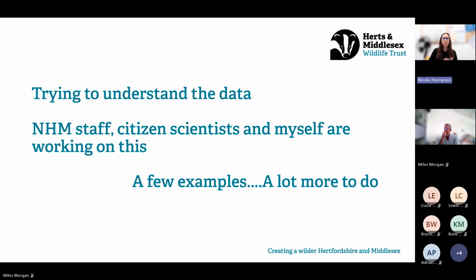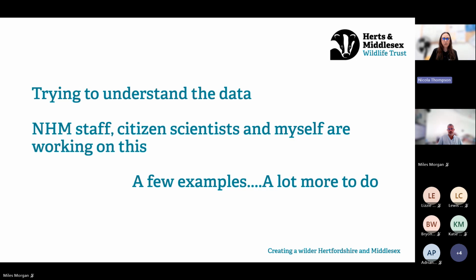So we're currently in the process of trying to understand the data. What's been really great about this project, although my time at the beginning was actually through the Casco project, and Louise was funded for 9 months through the Natural History Museum grant, it's currently now all been done under voluntary effort, basically.